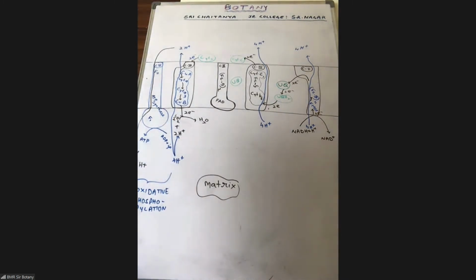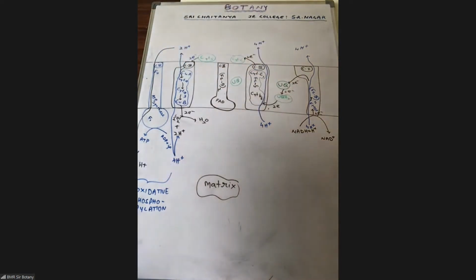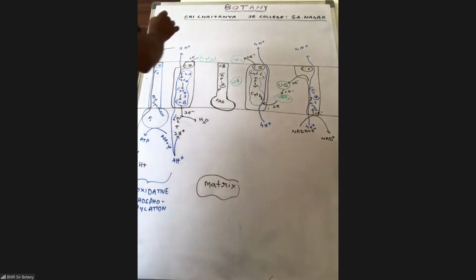Understood why it is called so? Oxidative phosphorylation. Phosphorylation is actually this part. It is linked to whom, Nana? It is coupled with the electrons flow which facilitated accumulation of 10 protons here.